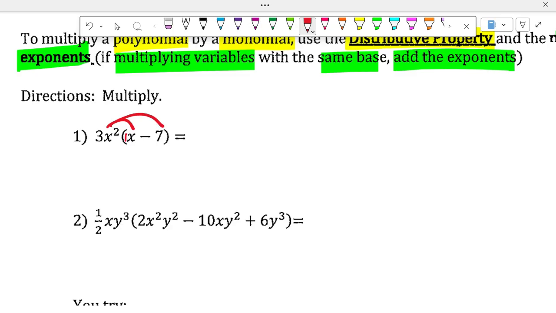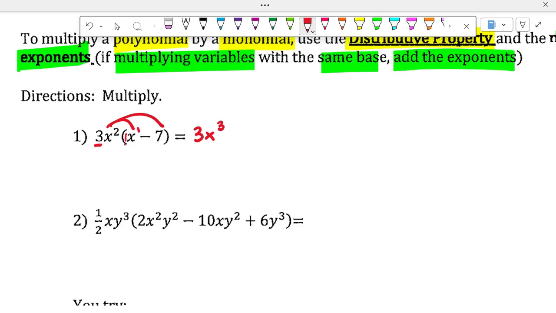And then the exponents we add on. So what's 3x squared times x? 3x, because 3 times 1 is 3. 3x what? Cubed. Good. Because this is raised to the first power. 2 plus 1 is 3.